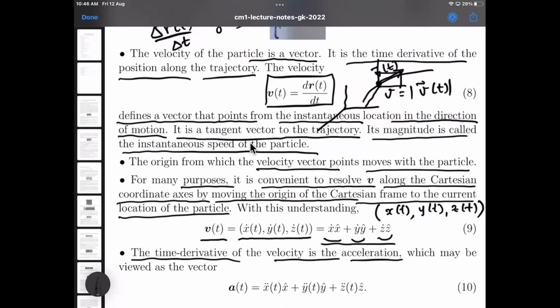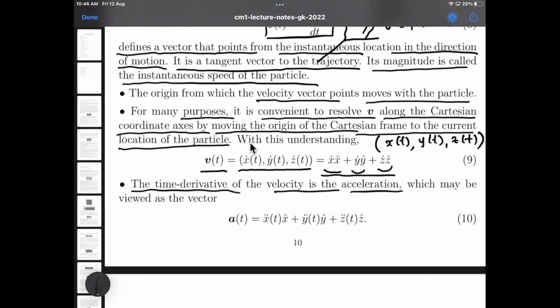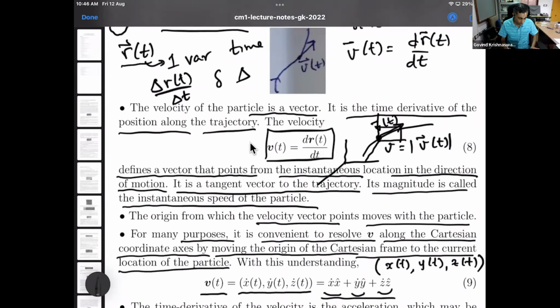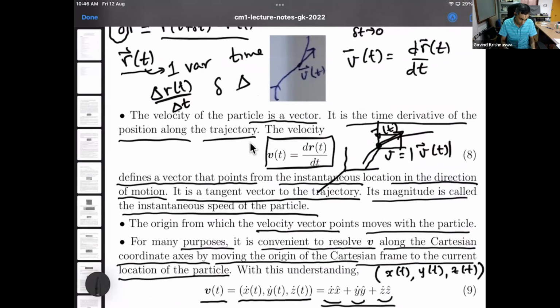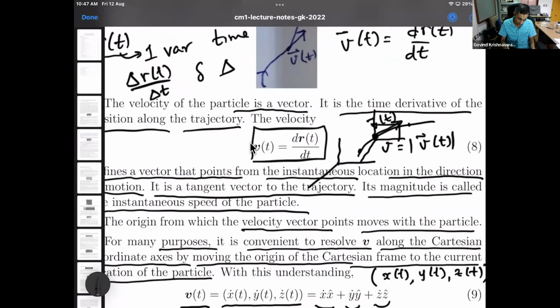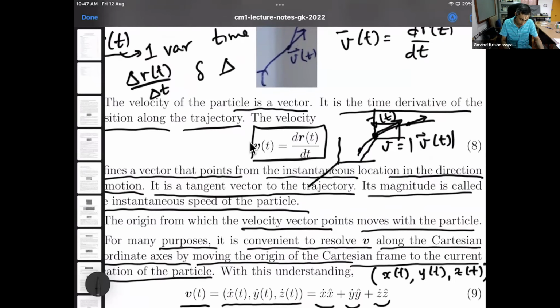Yes, so the point is that we agree that we are studying a particle that's moving. So it's here now, it's here tomorrow, and there day after. And wherever it is currently located, there is the instantaneous direction in which it is moving. That helps you to define this velocity vector. But we also notice that the velocity vector, if we regard it as emanating from the current location of the particle, that point changes with time.